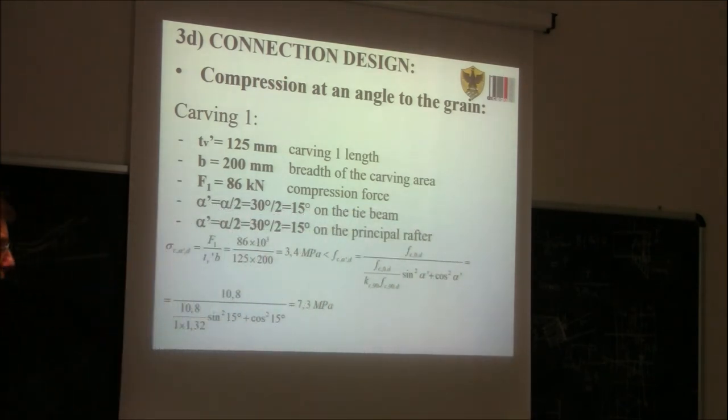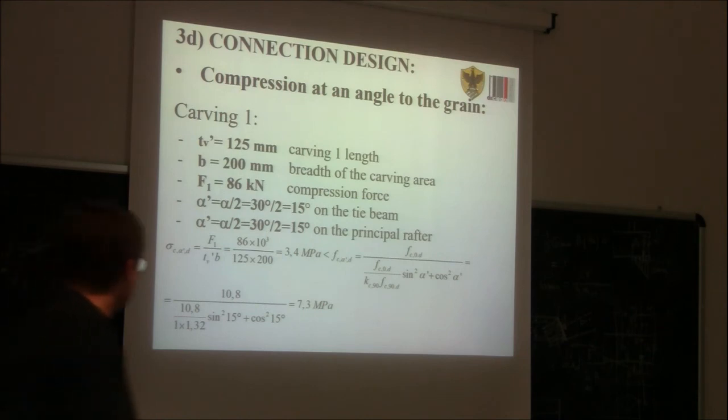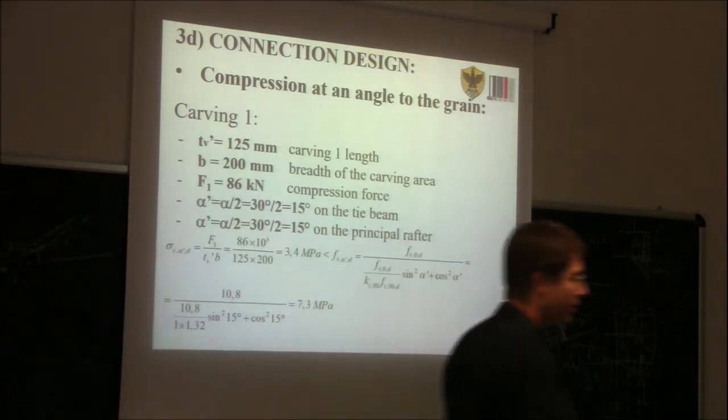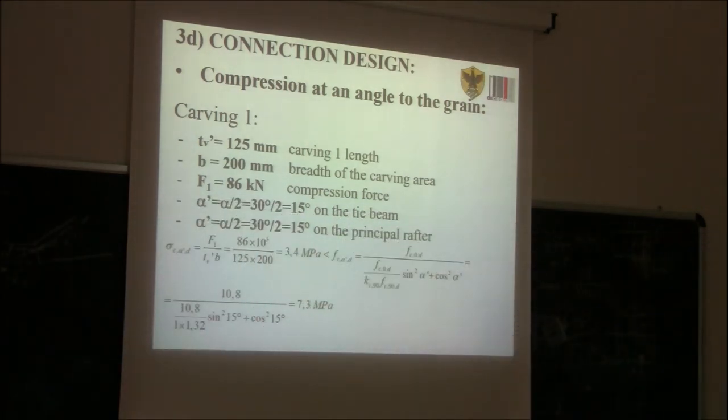Now we need to compare this strength demand with the actual strength. The actual strength, if we replace inside here the numbers, we get 7.3 megapascal. So you can find that the verification is satisfied because the strength demand is 3.4 megapascal and the strength capacity is 7.3 megapascal.